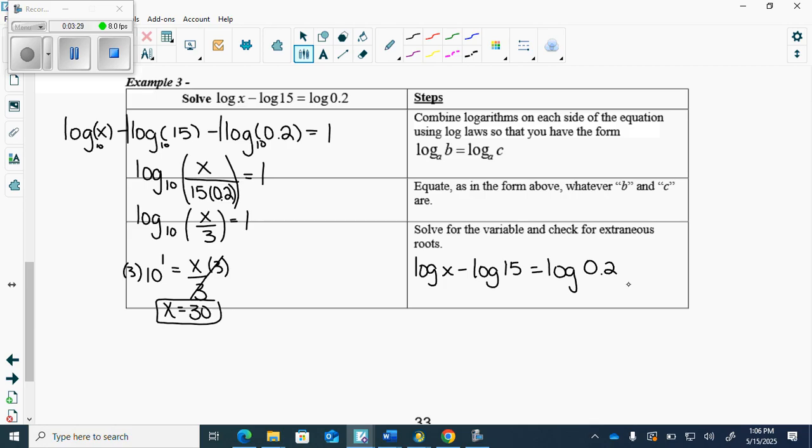If we have all logs, we can make the logs go together on either side. There's no plain number here, like plus 7 or something, correct? They all have logs. So I can put these together with base 10: log base 10 of x over 15 equals log base 10 of 0.2.